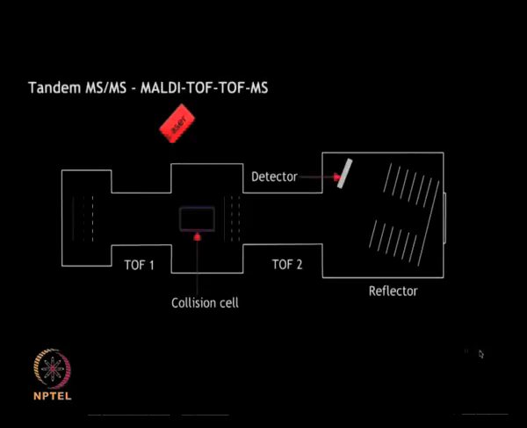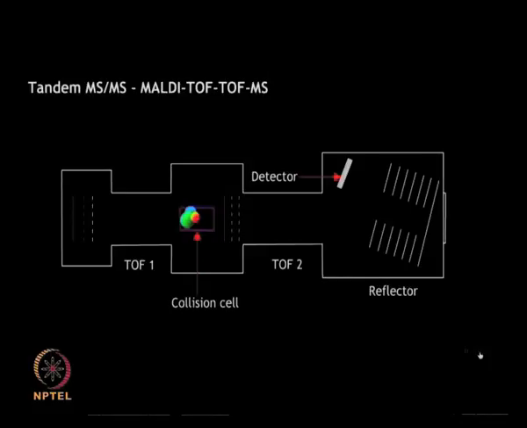The different types of tandem MS-MS configurations, such as MALDI-TOF-TOF. The MALDI-TOF-TOF MS is a common tandem MS configuration in which the ions are first resolved on the basis of their time of flight in the first TOF analyzer.